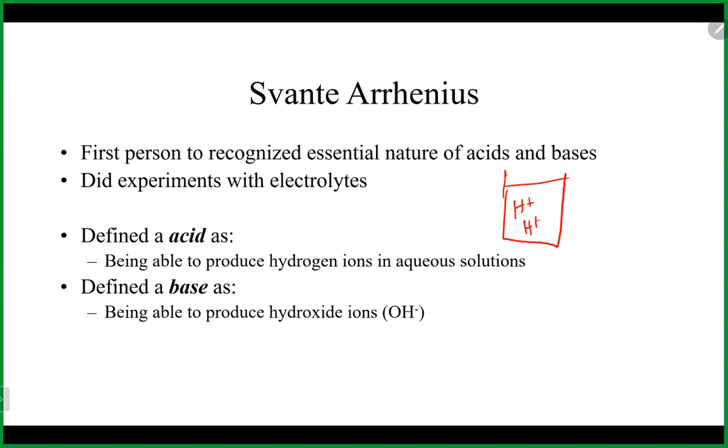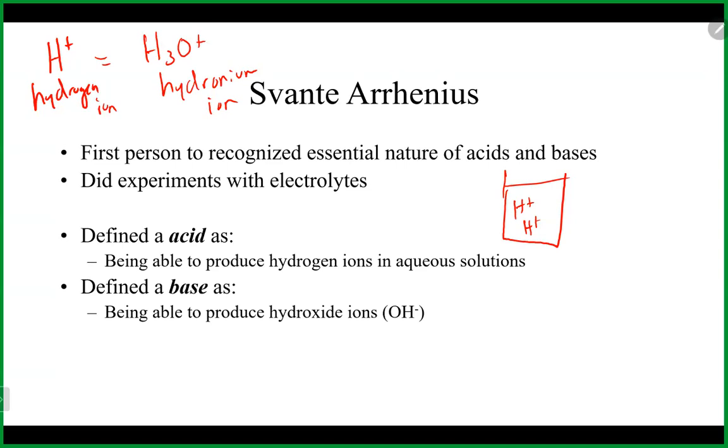It's also important, when we talk about acids and bases, that H+, which is the hydrogen ion, and H3O+, which is the hydronium ion, are essentially the same thing. They're used interchangeably in equations and formulas as well.